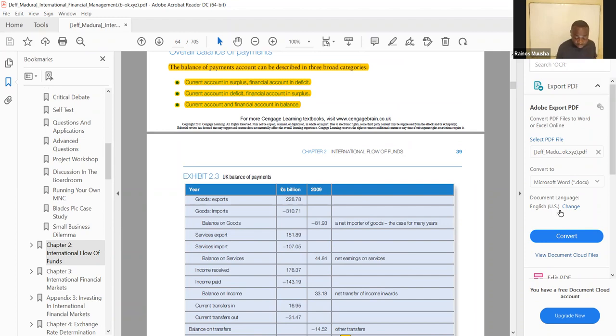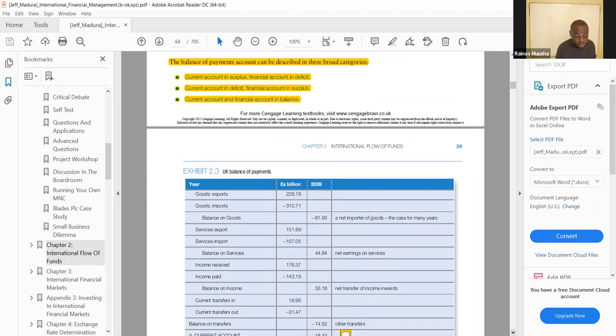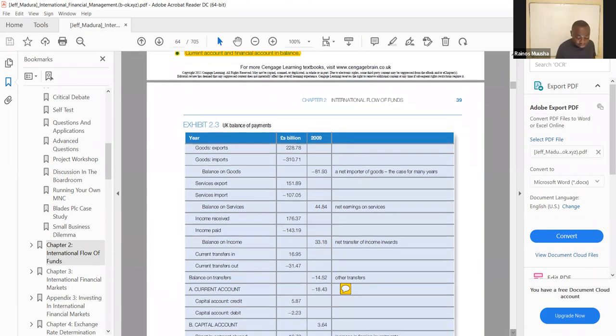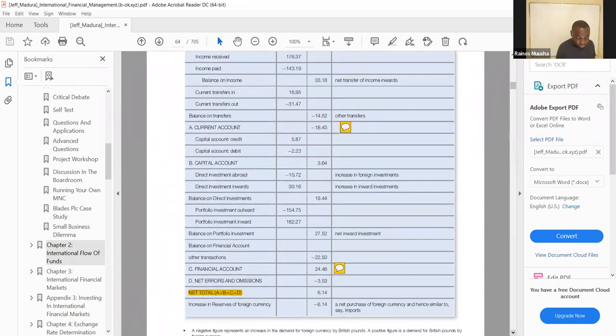If they're in balance, you look at the net amount from the current account and the net amount on the financial account, resulting in a net effect of zero. So if one is positive, the other can be negative, or if it's negative, the other can be positive. But we can also have a situation where they net off each other, where it results in a net effect of zero.